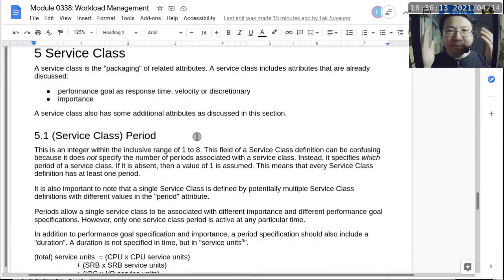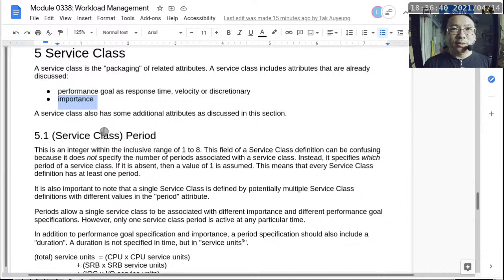So what exactly is a service class period? All the service class periods share the same name and the same description. However, each service class period has its own performance goal and its own importance specified.